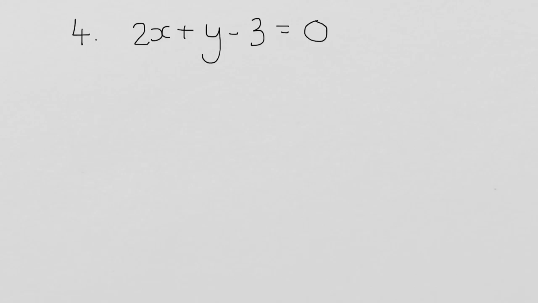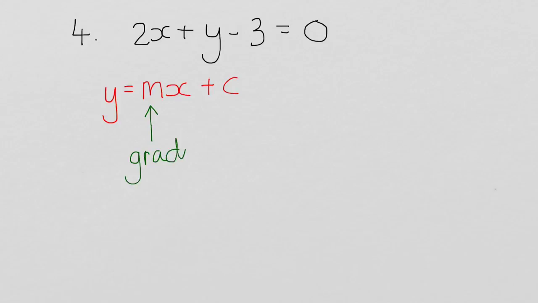Question 4, you're asked to find the gradient and y-intercept for the equation 2x plus y minus 3 equals 0. So for this, we want to recognise the equation of a line as y equals mx plus c. Once you have that, we know that m is the gradient and c is your y-intercept.